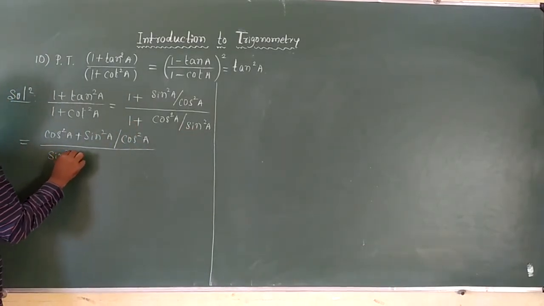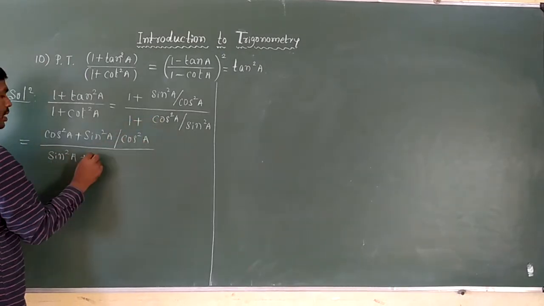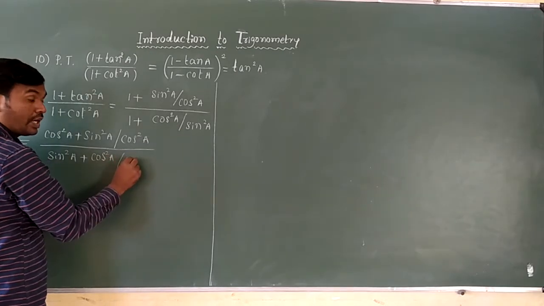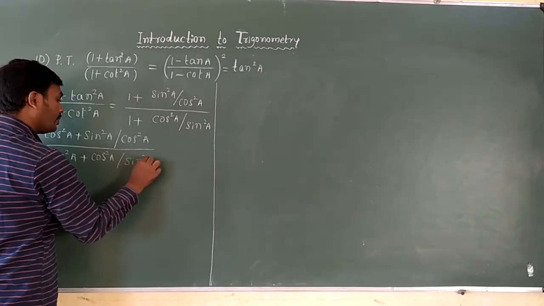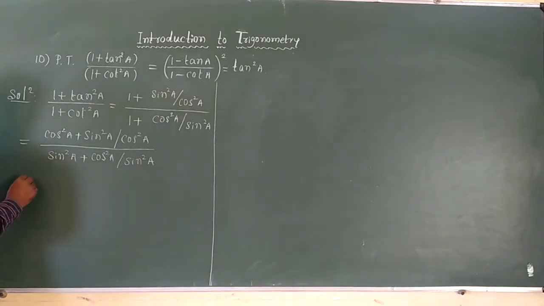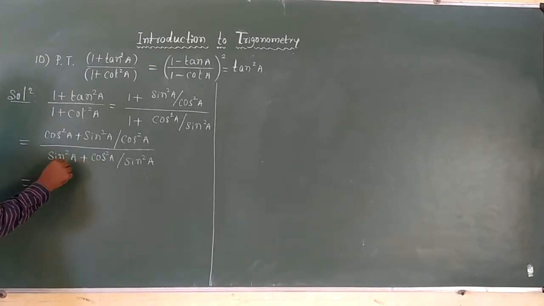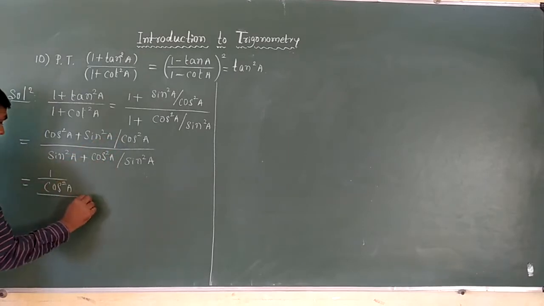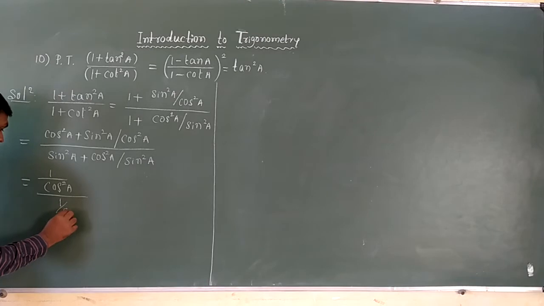Sin square a, plus cos square a, divided by sin square a. So this is equals to, you know the identity, sin square a plus cos square a is equals to what? 1. Here also sin square a plus cos square a is equals to what? 1. So it is 1 divided by cos square a, whole divided by 1 by sin square a.